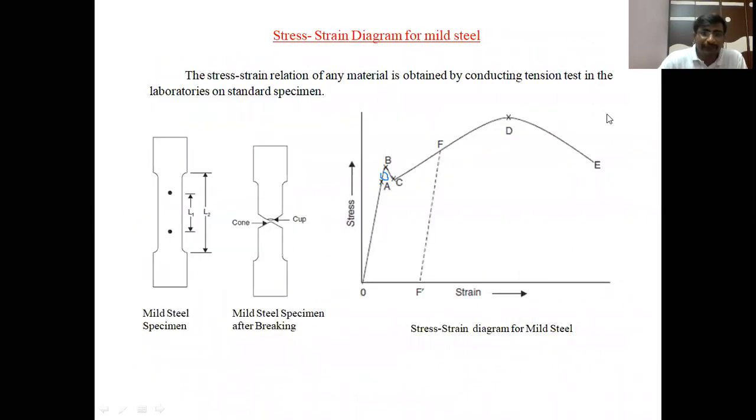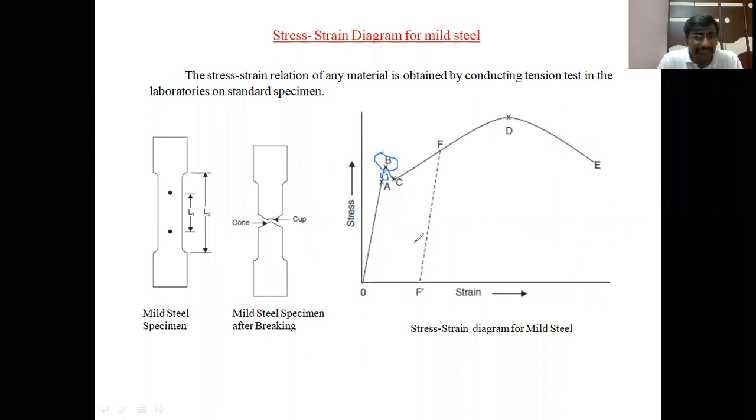This is the diagram. In this diagram, point B is called the upper yield point. Upper yield point means that by maintaining the load constant, the strain continuously increases due to the material flow.